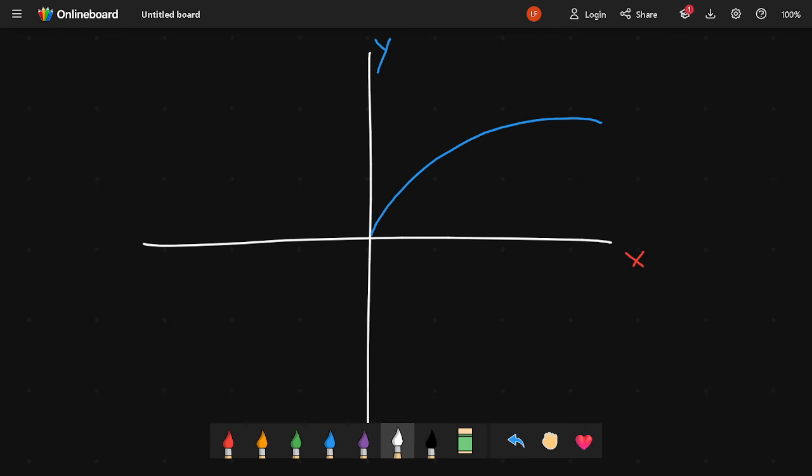Let's say this is x1 and this is x2. Now, we want to find the derivative. How would that work? x1 would give some output f of x1, and x2 would give an output, and that's going to be f of x2.